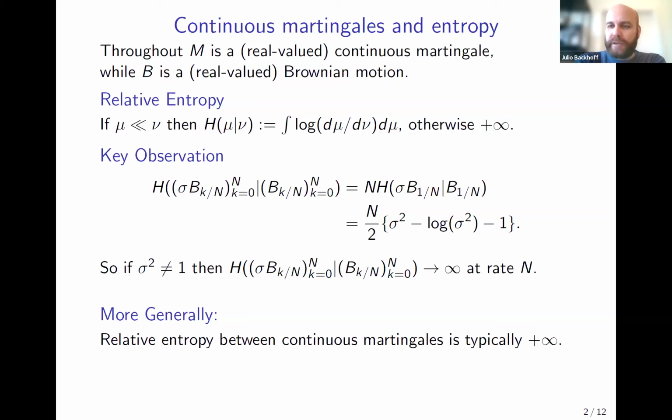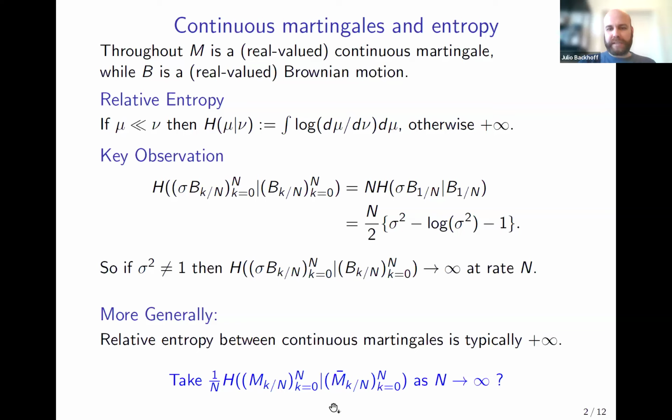But actually, this phenomenon is more general. Typical continuous martingales will have infinite relative entropy to each other. But the advantage of this little computation is that it suggests a possibility how to define a more meaningful notion of relative entropy between continuous martingales. Namely, why don't we just take, let's say, two martingales, M and M bar, with discretized time.